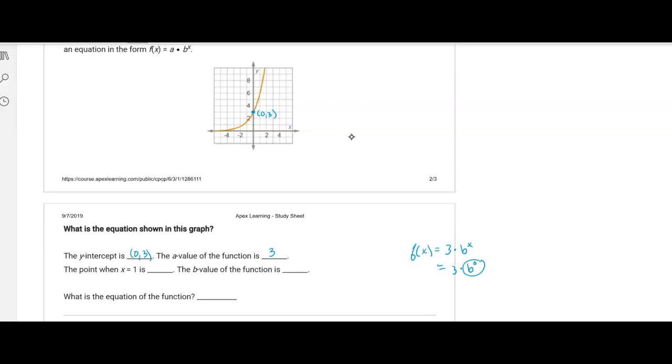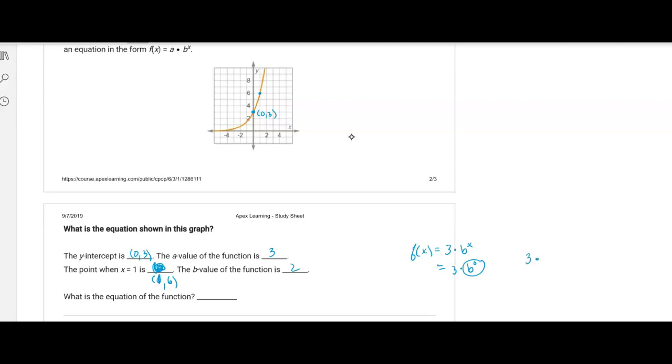Now, the point when x is 1, if I follow this up, if x is 1, y is 6. So the point where x is 1 is 1, 6. So the b value of the function, right, is going to be 2. How do we get that, right?